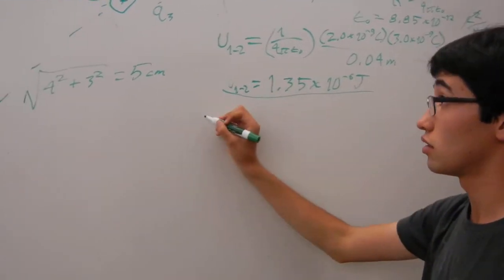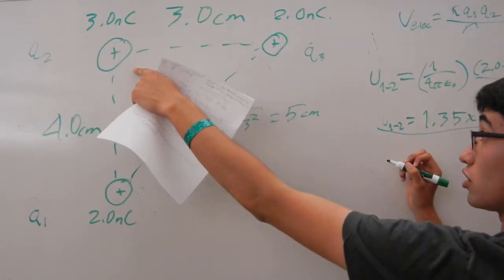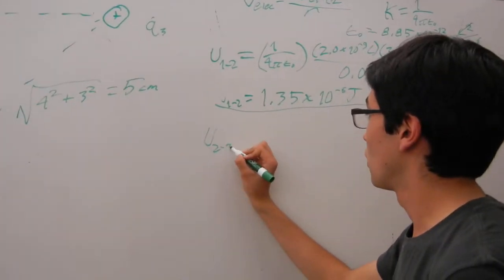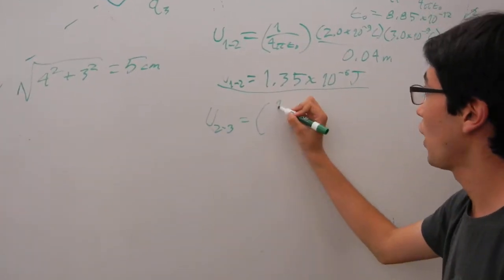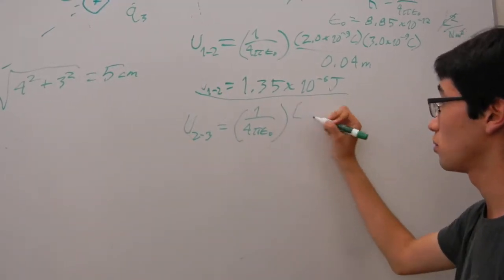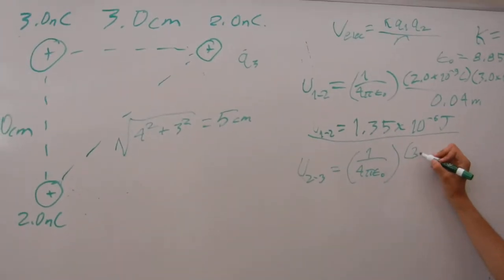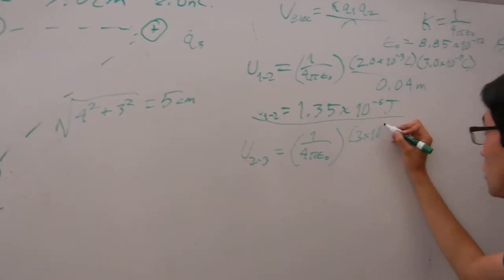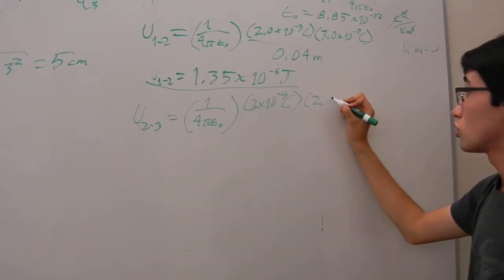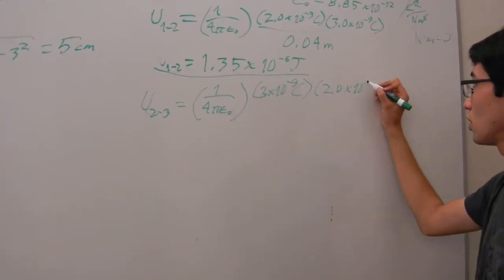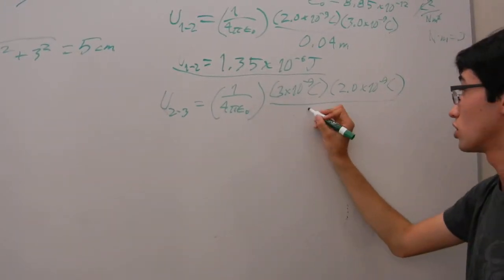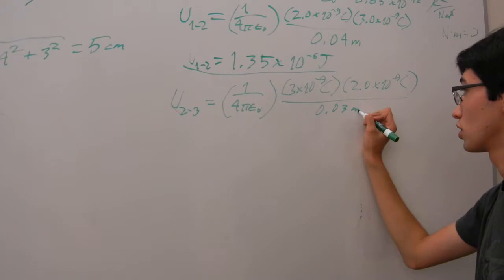And then the potential energy between 2 and 3 is equal to K, which is 1 over 4 pi epsilon naught, times the charge of the second, which is 3 times 10 to the negative 9th coulombs, times the charge of the third, which is 2 times 10 to the negative 9th coulombs, all over the distance between them, which is 0.03 meters.